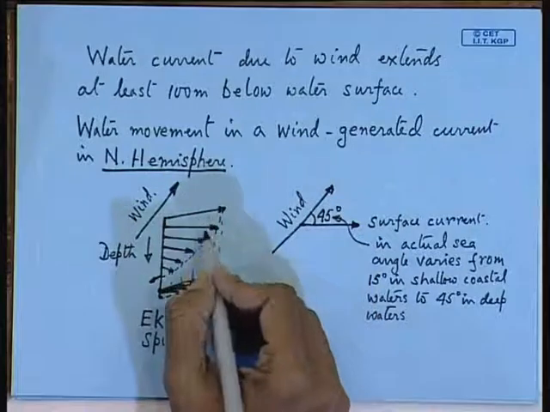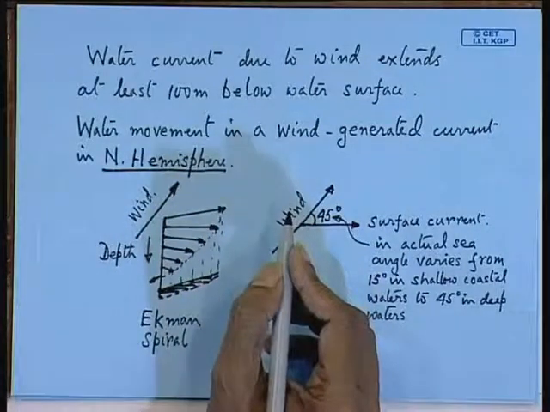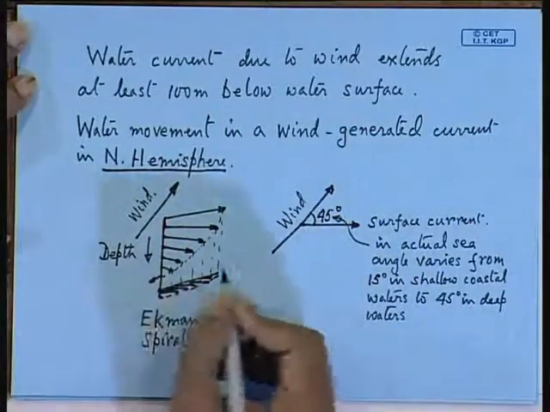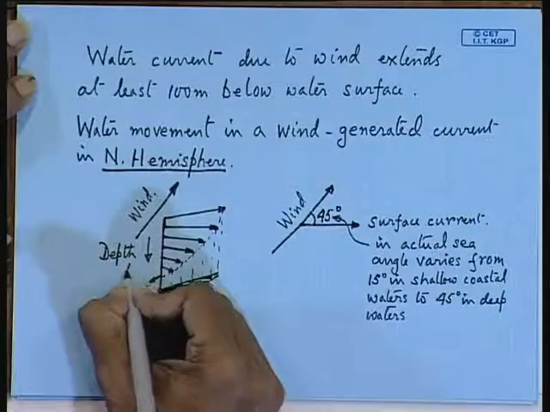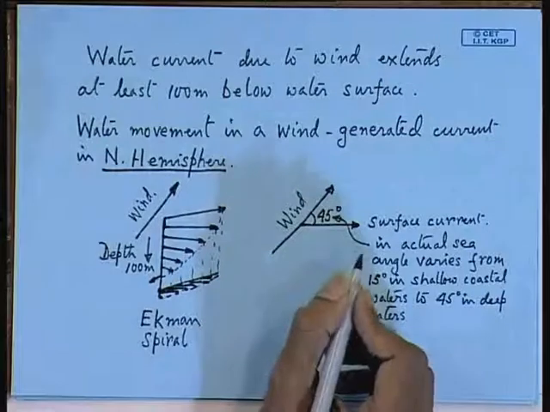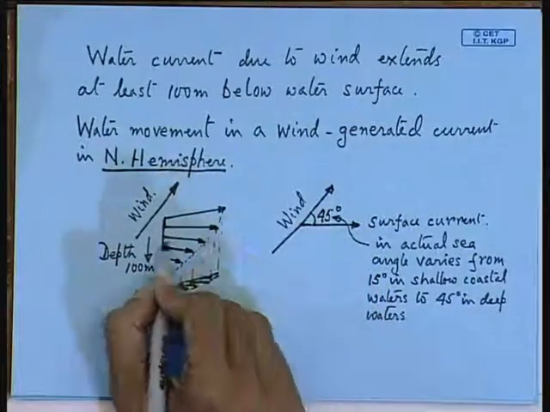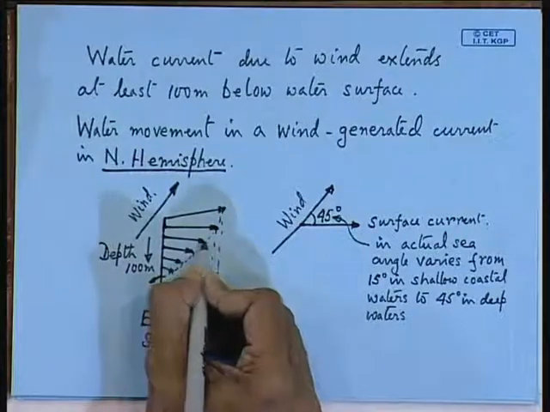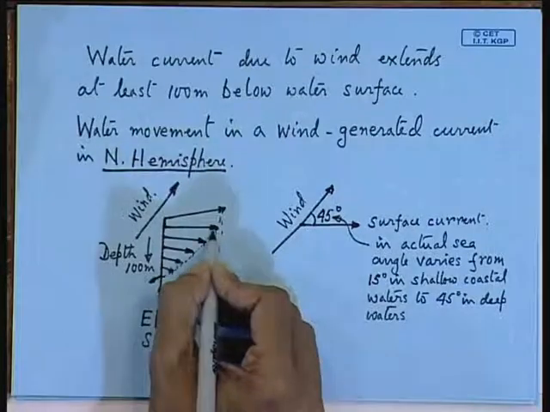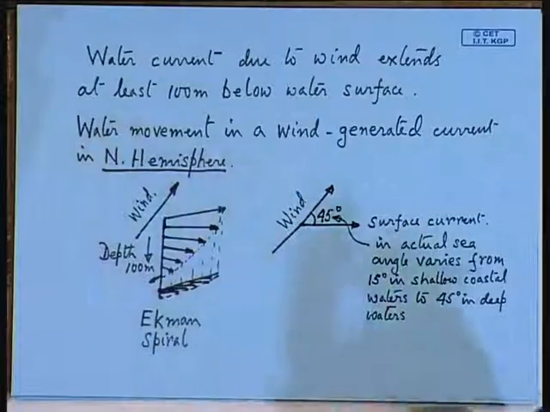So, down below this water, I think the maximum depth of influence is 100 meters. So, this depth you can write as 100 meters. So, these vectors are decreasing because of the shear of the various layers of water. So, this is less affected by wind, etc. Down below it is going in the opposite direction.